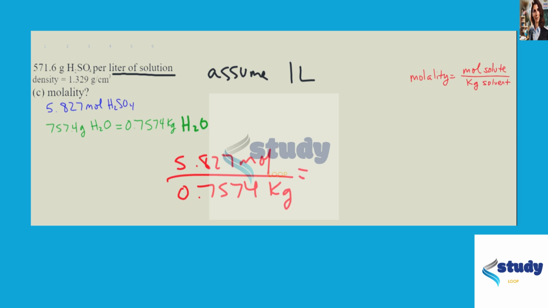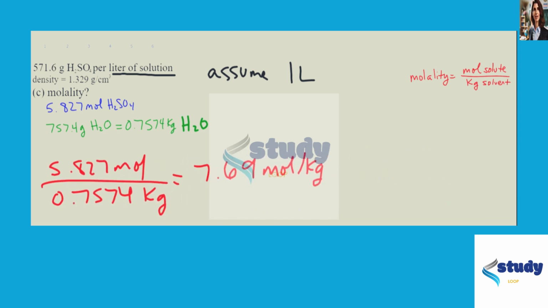That gives me 7.69 moles over kilograms of H2SO4, which has its own unit called the molal. And so this is written 7.69 molal H2SO4.